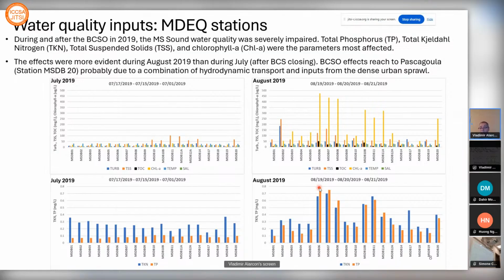Perhaps the most important increase that we can see here is of chlorophyll A, because several algal blooms occur due to the opening of the spillway, and also phosphorus and nitrogen were increased excessively due to this spillway opening.